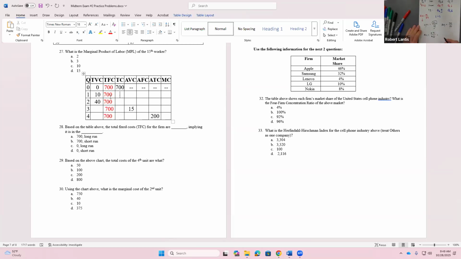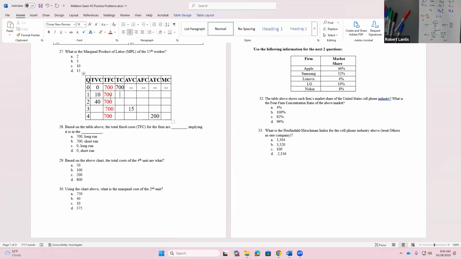So another way you can find marginal cost is that the only changes in my total costs come from my variable costs. Before we had 750 minus 710 divided by a change from 2 to 1. I'd have the same thing here, but with the change in my variable costs.